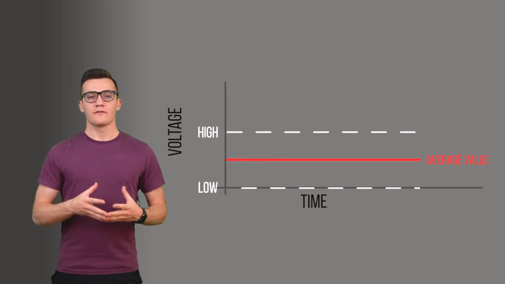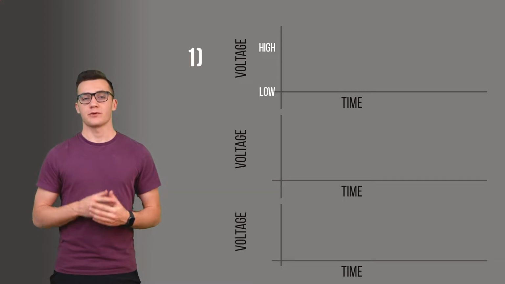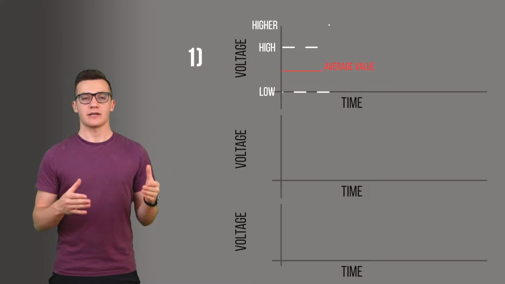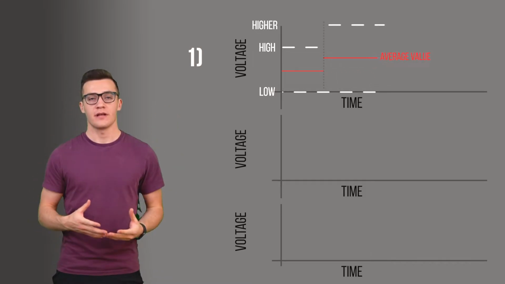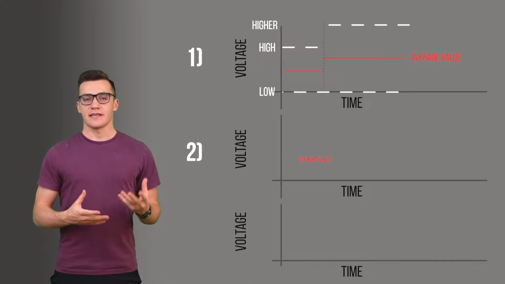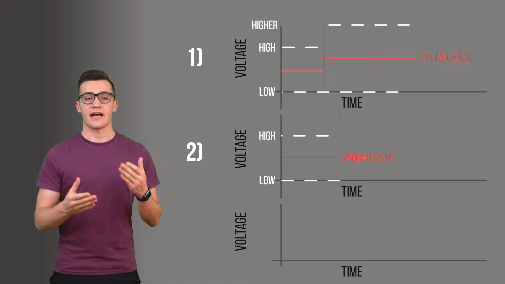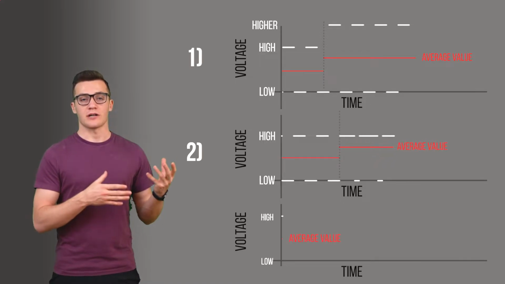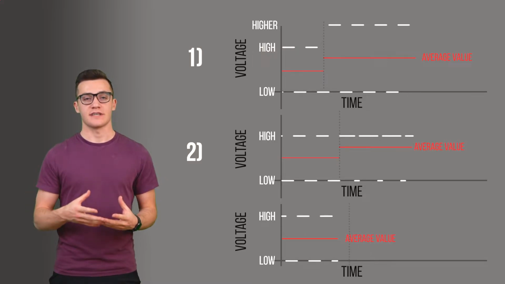Now, before we move on, let's look at three trends with this square wave. First, if we increase our max voltage, our light would be brighter and the average value of our voltage across one on-off cycle would increase as well. And second, if we increase the duty cycle, or the percentage of the time that we stay at high voltage, then our average value across a cycle would increase as well, because we're spending more time at that high state as opposed to the low state.